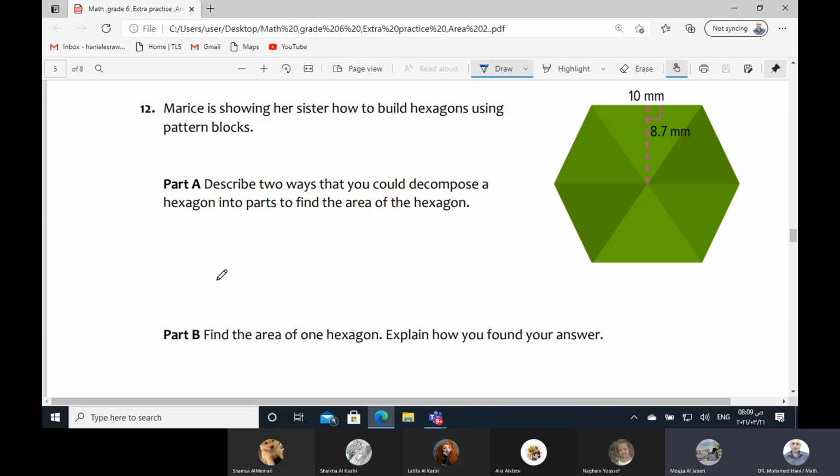Mister, is the answer 87 millimeters? 87 millimeter or millimeter squared? Millimeters squared. Okay, thank you, Moza.